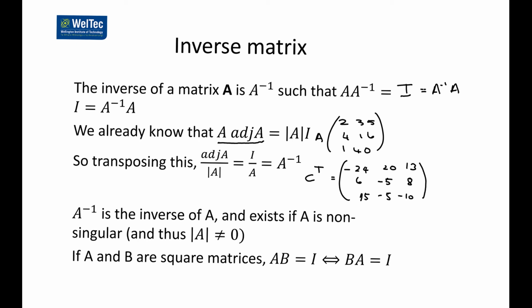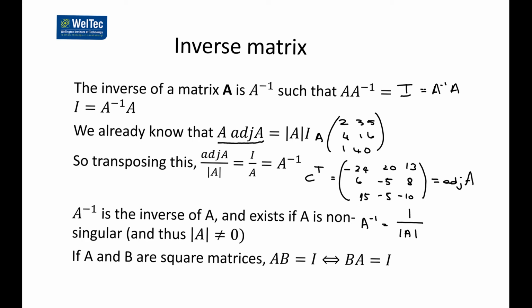This one is the adjoint of A. So our inverse is 1 over... Now this is why we needed the determinant not to be equal to 0, because if the determinant is 0, then we can't find the inverse.